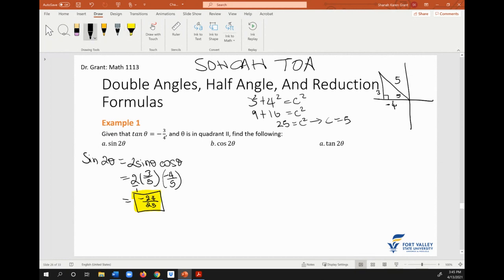Cosine 2 theta. So here we can use any formula, but standard we usually go with the first one, cosine squared theta minus sine squared theta.